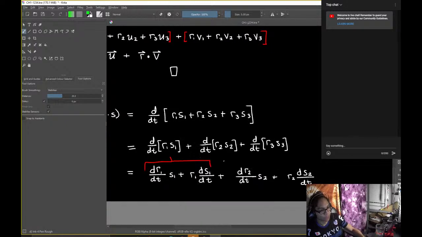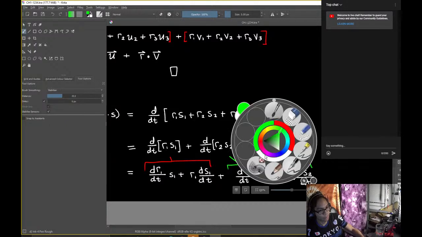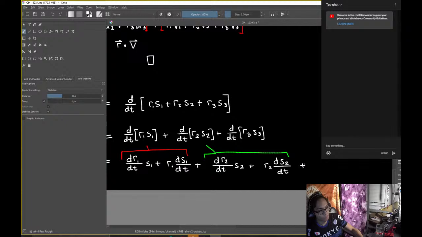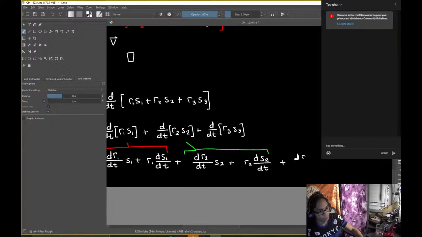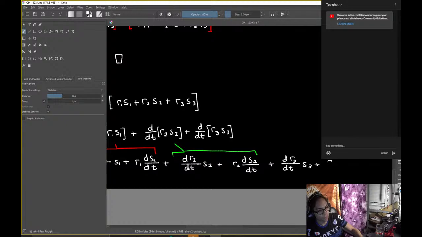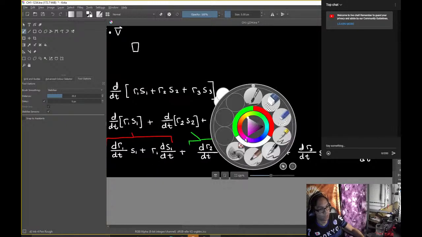So this is the green version. Good. Plus dr3/dt s3 plus, this is a pretty long process, but I'll take it. S3 dr3/dt. Okay, now that's better. I'll make this magenta.